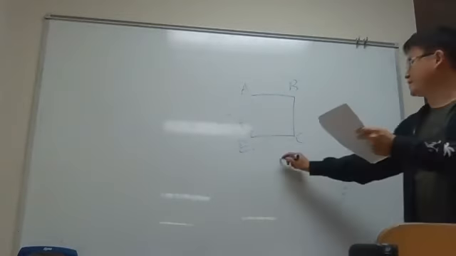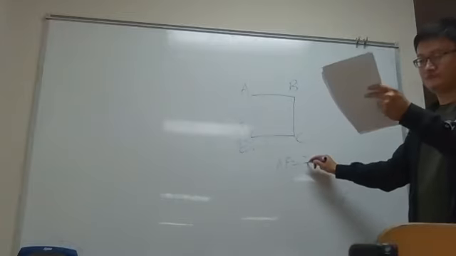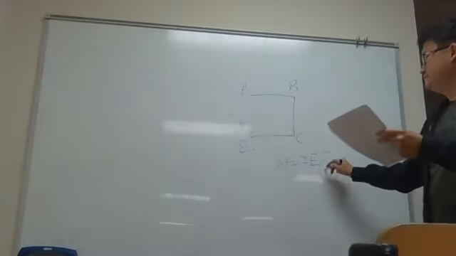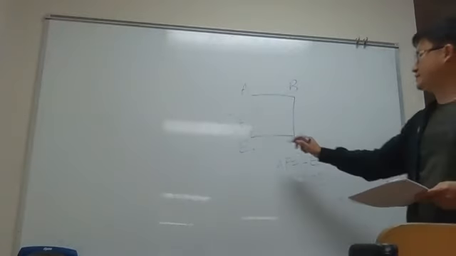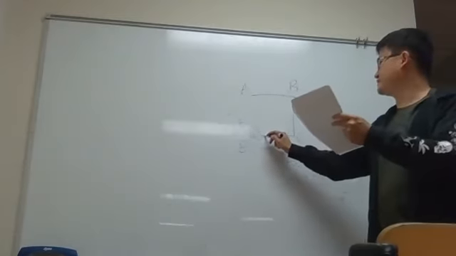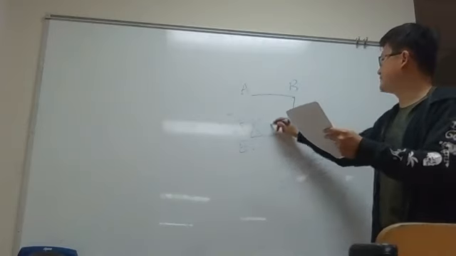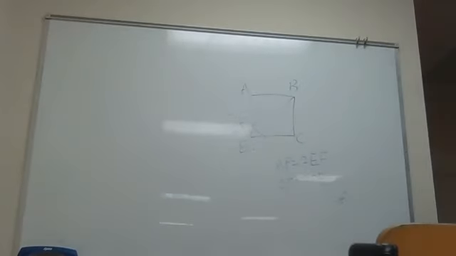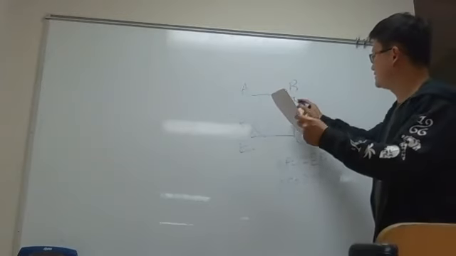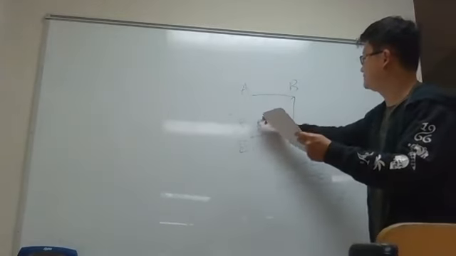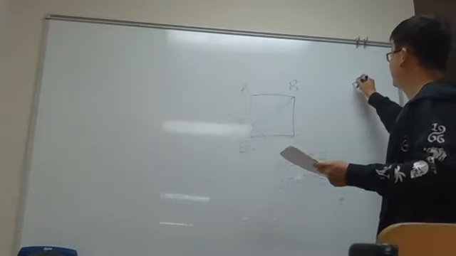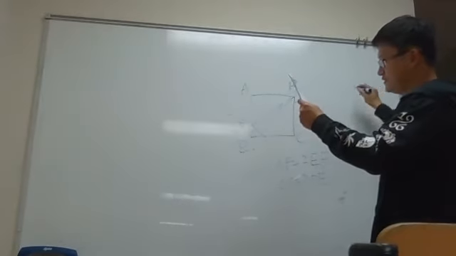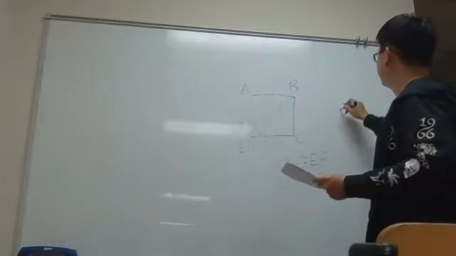So what you know is that AF is 2 times EF, and CD is 2 times DE. Right? Okay. So then if you connect D and F together and connect with B, you get a triangle. Right? So then you ask, what is the ratio of the area of BFD? So BFD is just this triangle here. So the ratio of the area of BFD to the area of the square ABCE. Okay.